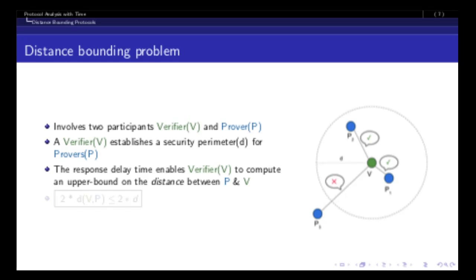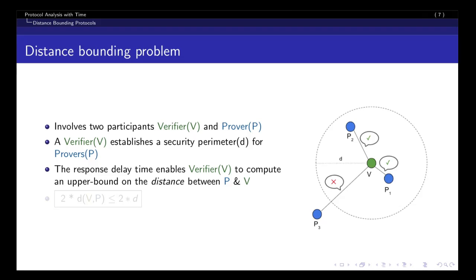Next, the response delay time enables the verifier to compute an upper bound on the distance between the prover and the verifier. The objective of the verifier in the protocol is to ensure proximity, and we use this formula to establish a security perimeter.